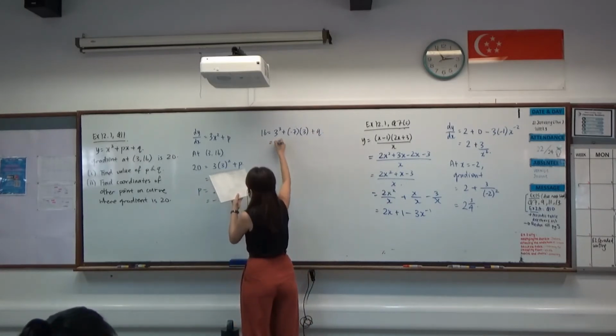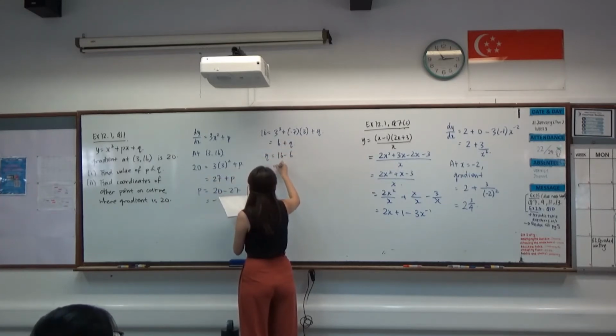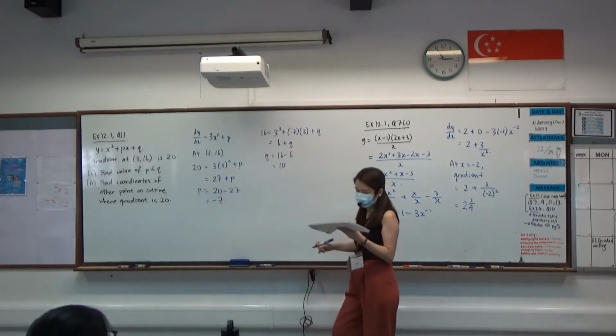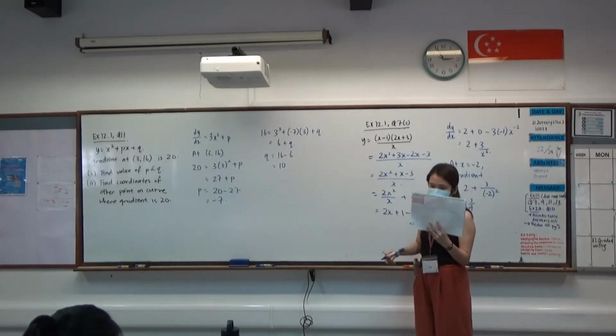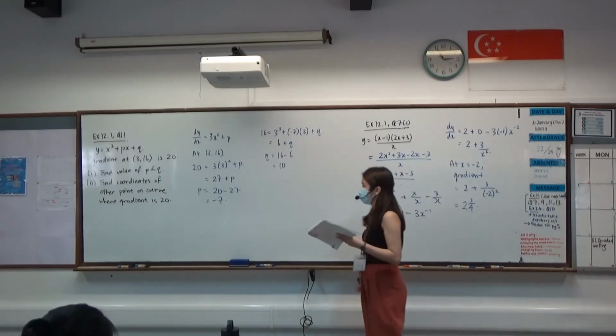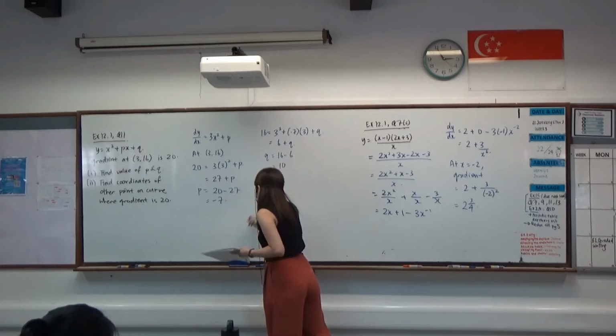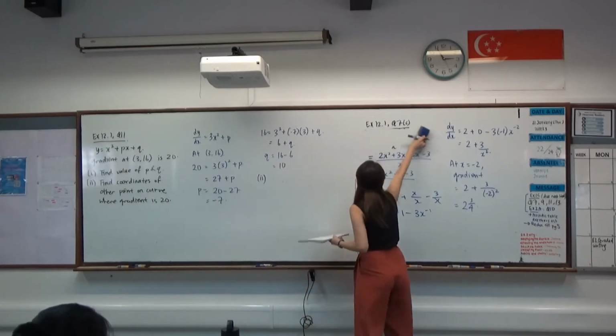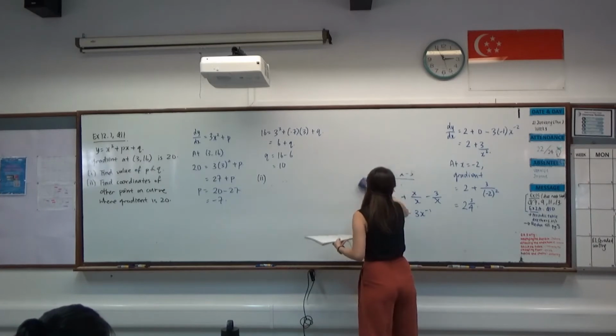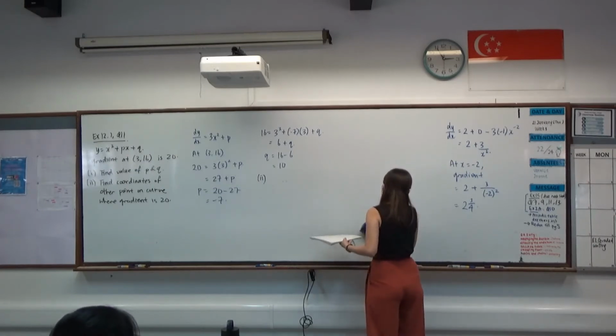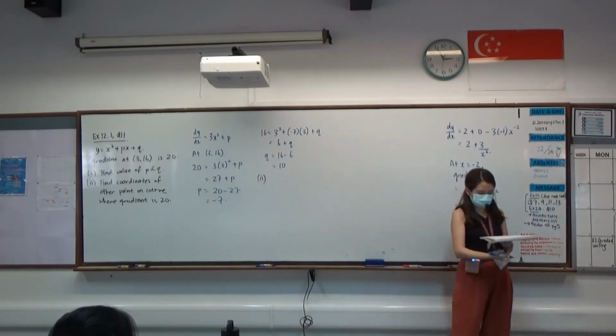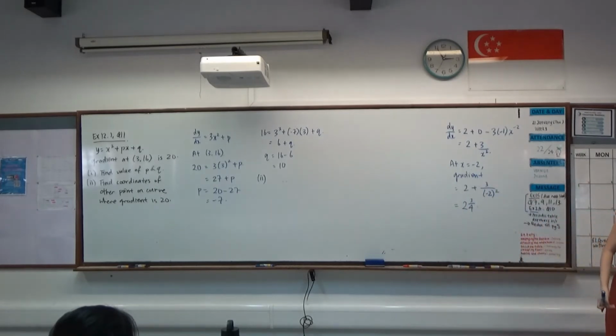And that would give us 6 plus q. So p is -7, q is 10. Any questions?